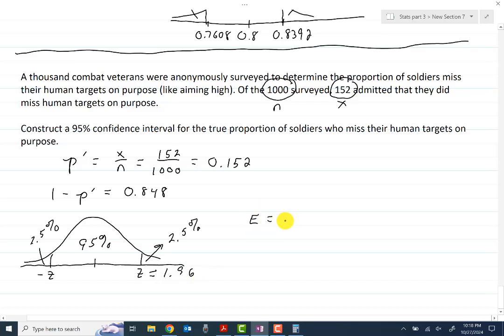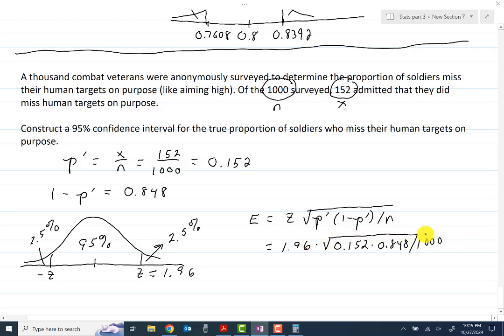So let's go get our error number. E equals, so our z here is 1.96, times the square root of 0.152 times 0.848 over 1,000. 1,000 is a pretty good size sample.